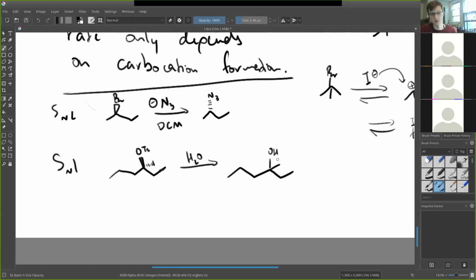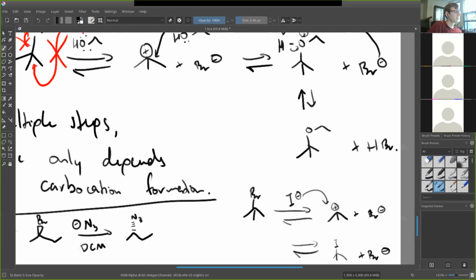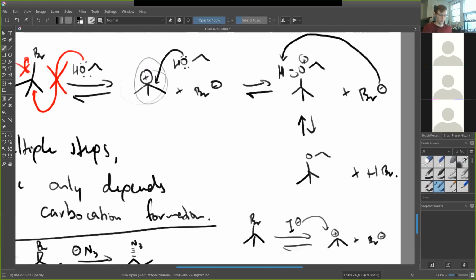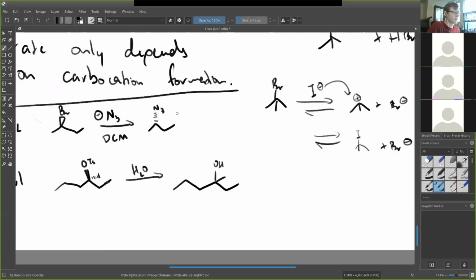we lose stereochemistry because we have to go through a carbocation. Because we have to go through a step where we lose stereochemistry, we lose that information. At the end, we can only have it be racemic.